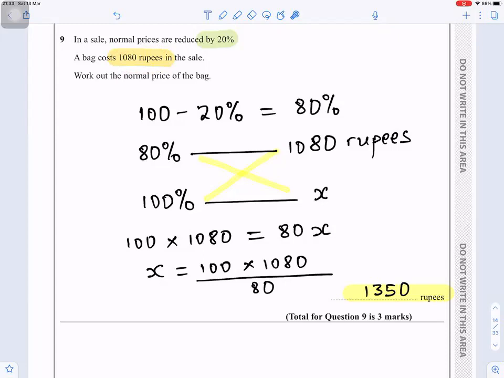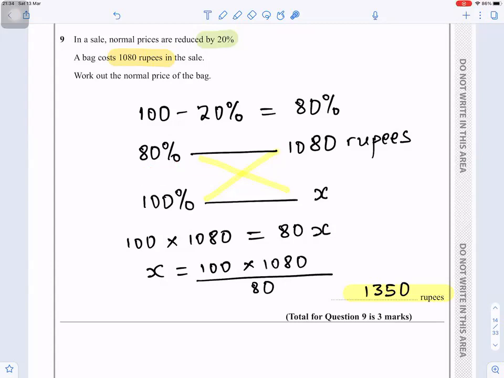It is 100 minus 20%, which gives you 80%, because they've reduced it by 20%. So what we say is 80% is 1,080 rupees. Now we want to find 100%. You can find 10% and then multiply by 10.